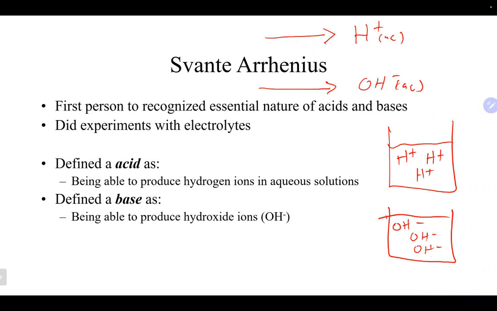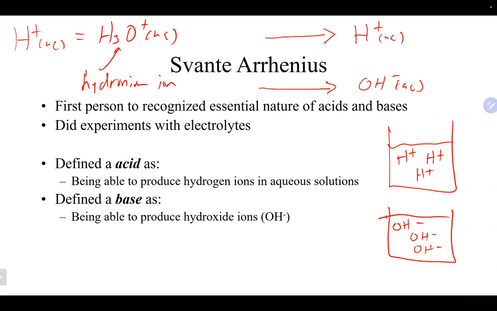One thing that's important in acid-base chemistry is the H+, which is the hydrogen ion, and H3O+, which is the hydronium ion. It is essentially the exact same thing.